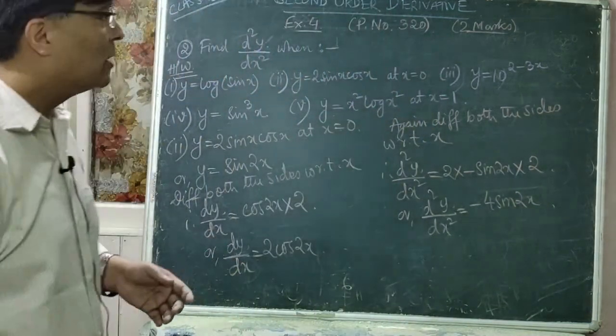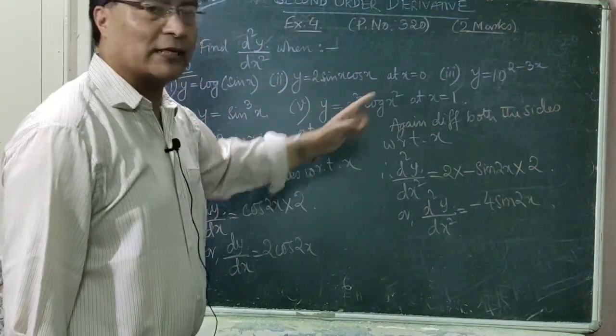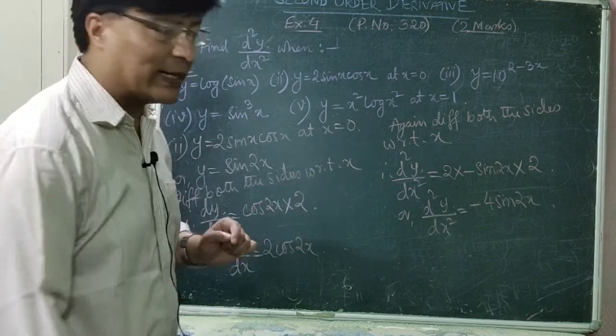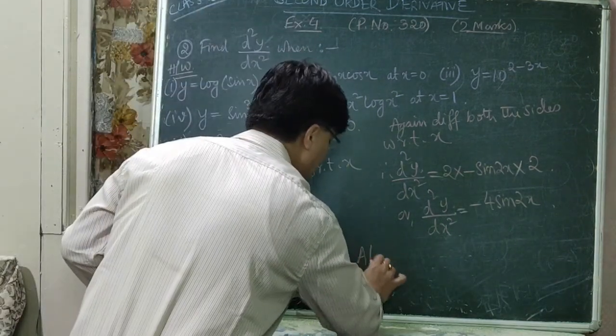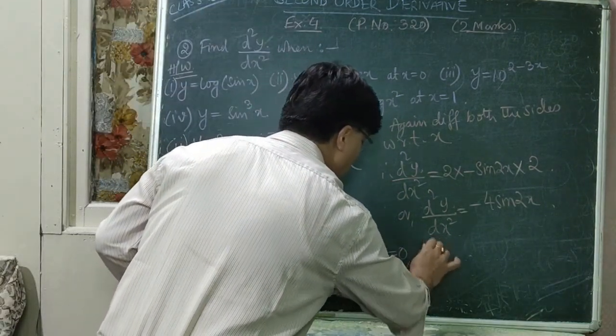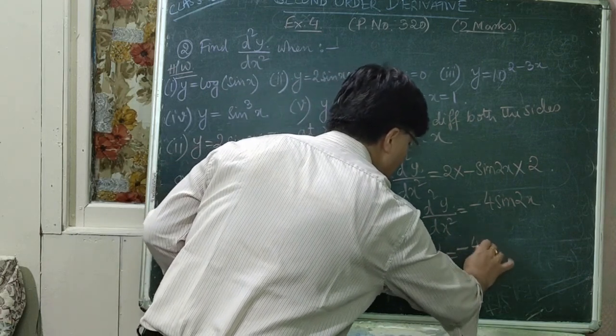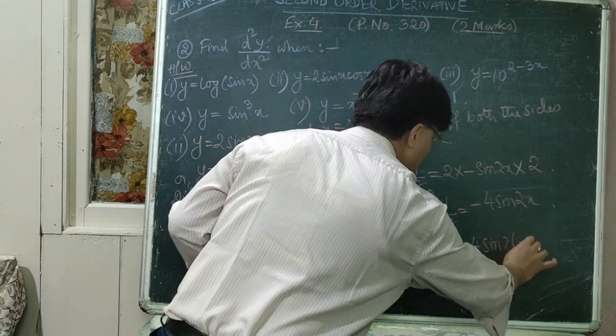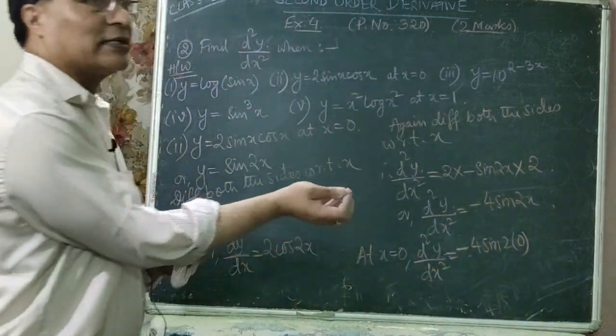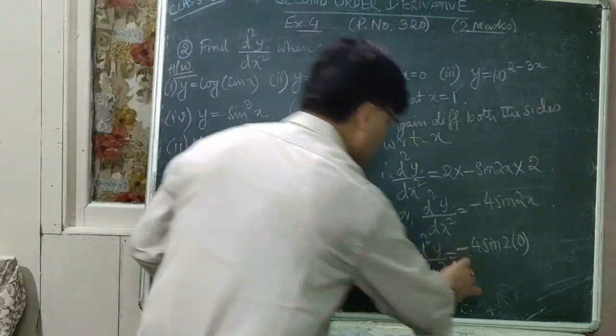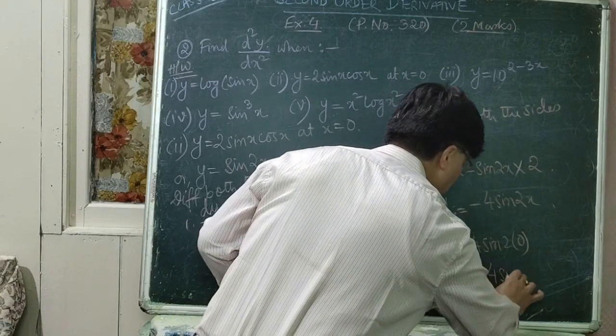Is that clear now? So now you can put x is equal to 0. अब चाहिँ x is equal to 0 हाल्दा हुन्छ. So at x is equal to 0, d2y by dx square is equal to minus 4 sine 2 into 0. So you know that 2 into 0 is always 0. So which is equal to minus 4 sine 0.